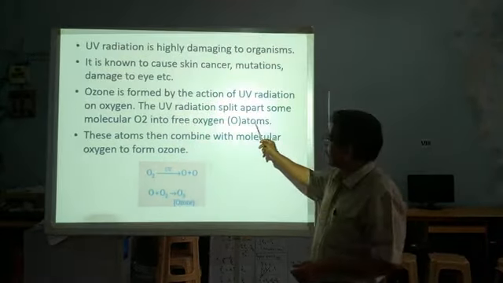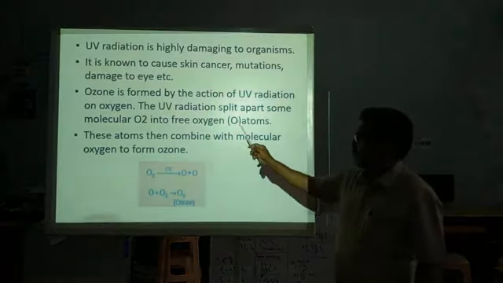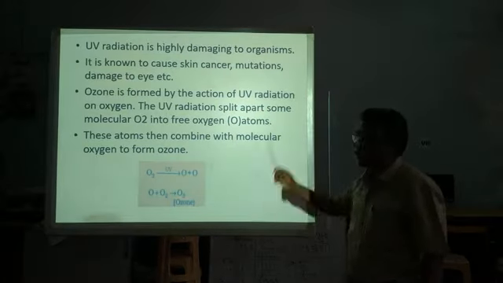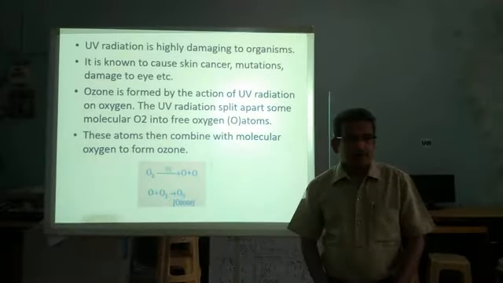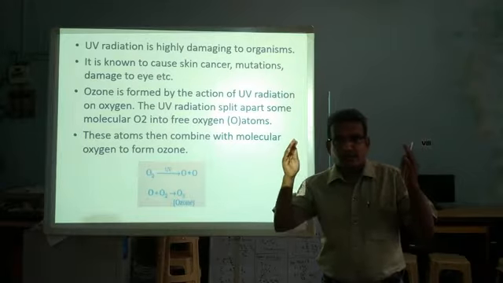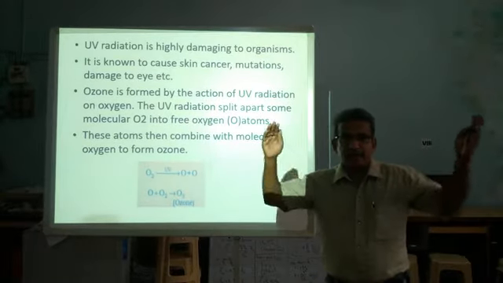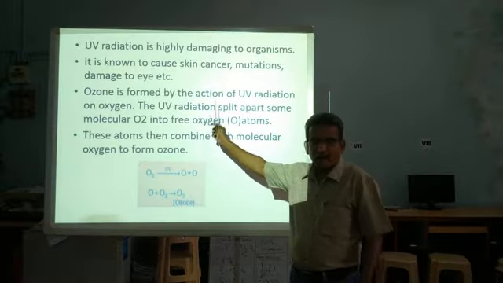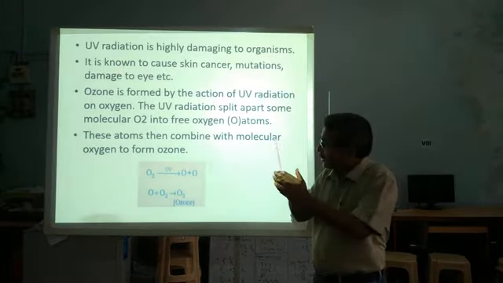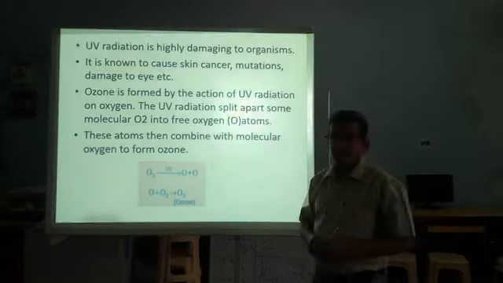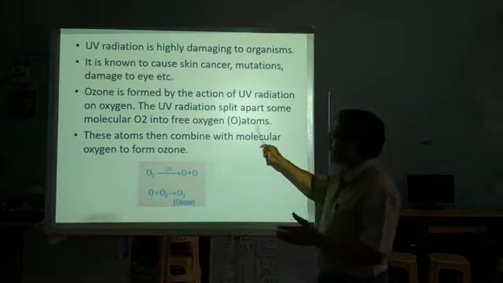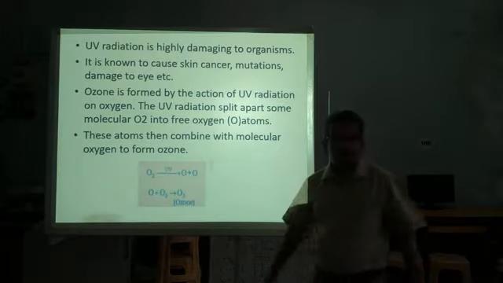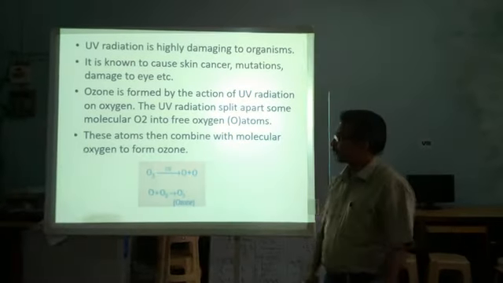The UV radiation splits apart some molecules of oxygen into free oxygen. In the presence of UV radiations, some of the oxygen molecules present in the upper atmosphere are split, turned into oxygen atoms, free oxygen atoms.